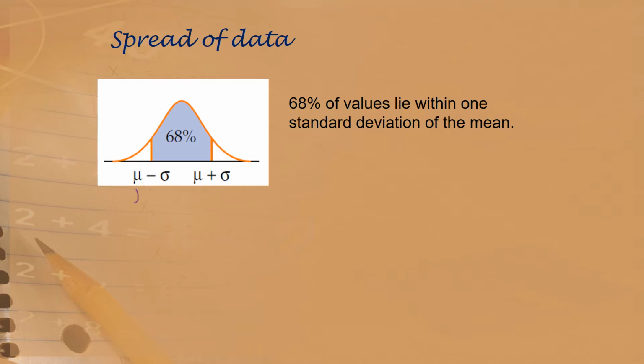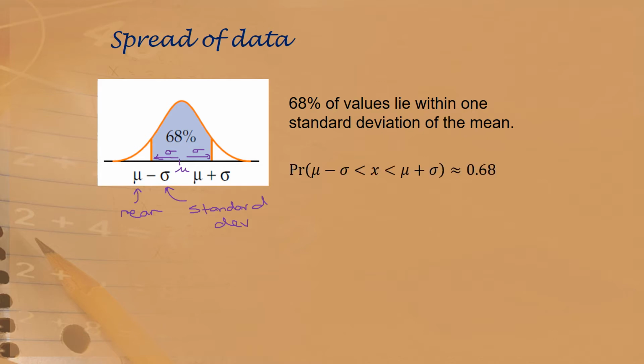Remember, this Greek letter mu represents the mean, and this Greek letter sigma represents the standard deviation. So if I go from the mean and add one standard deviation and subtract one standard deviation, we will always end up with 68% of the values within that range.